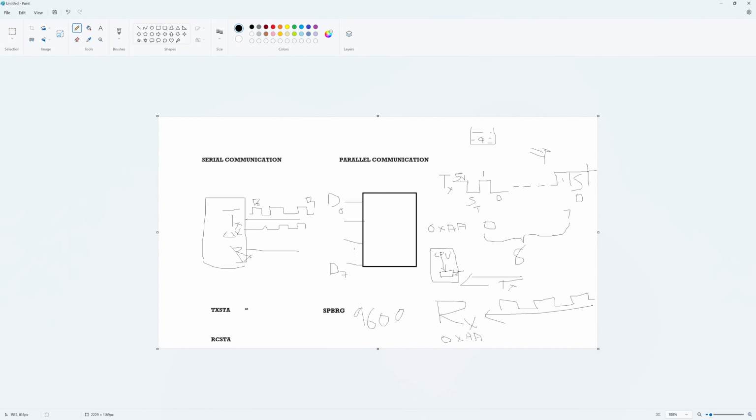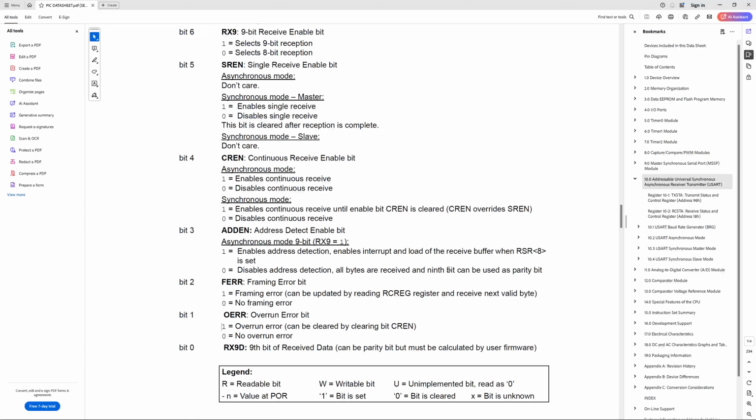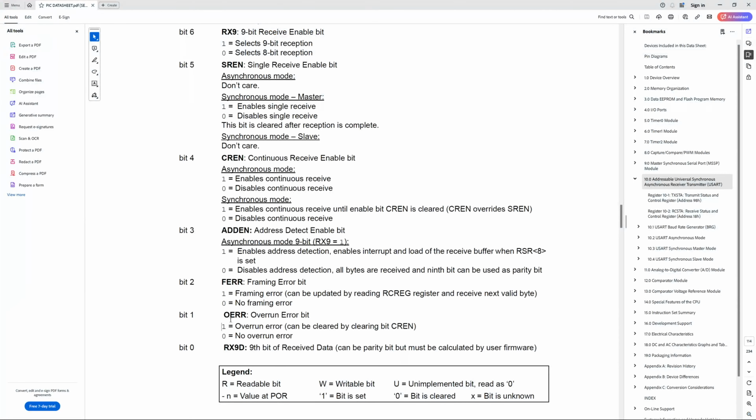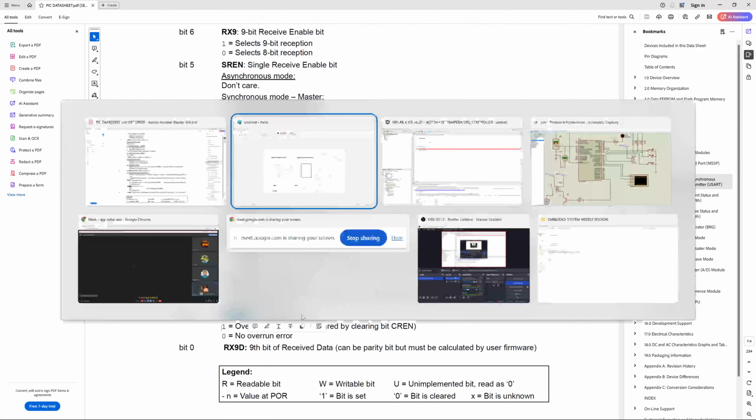Our serial port won't be able to receive the third data, so data would be missed if we don't receive the new data and keep it separately. It is the duty of the CPU to keep it in a safer place. The overrun error bit will be set if there is an overrun. Overrun means we are getting multiple data and the CPU is ignoring it.